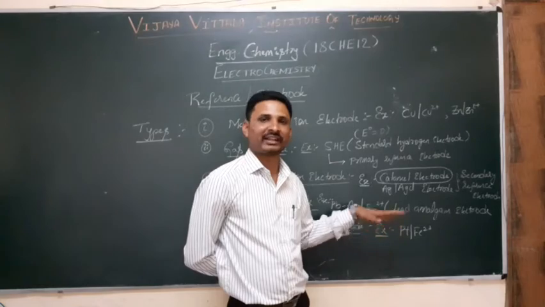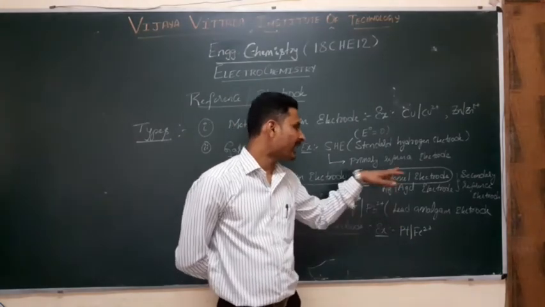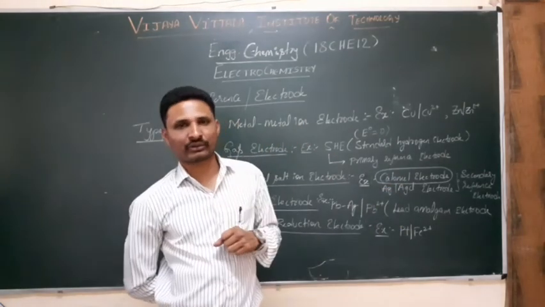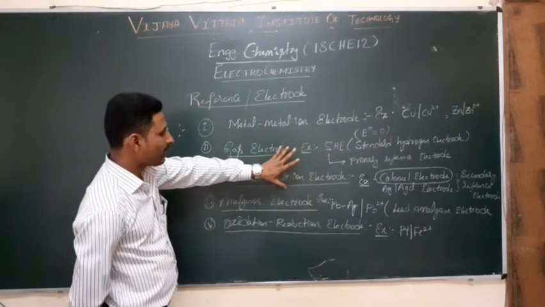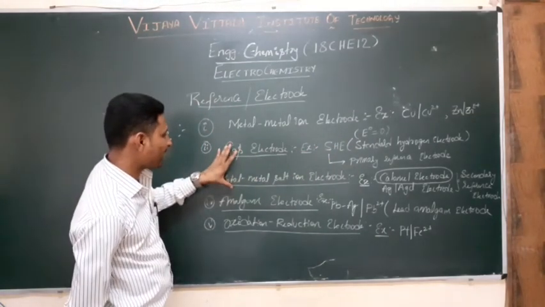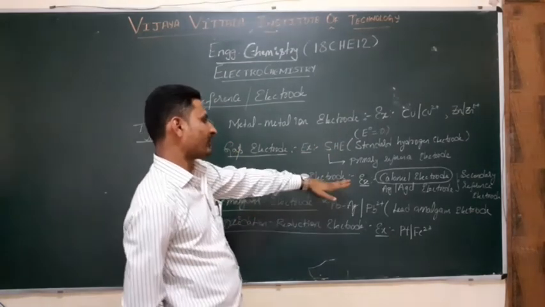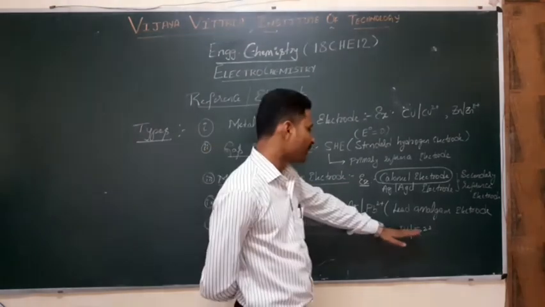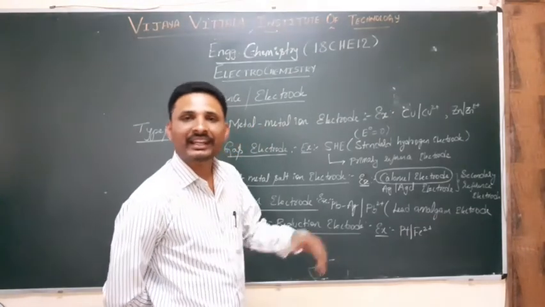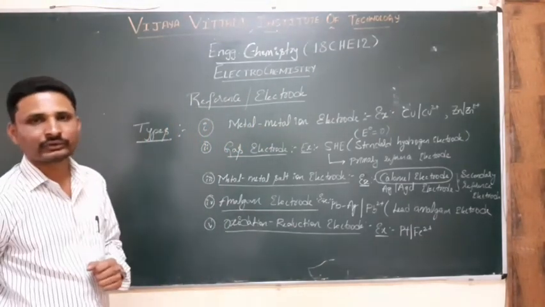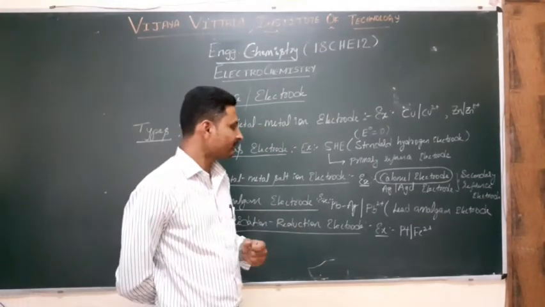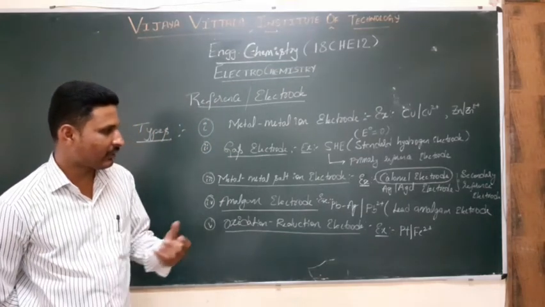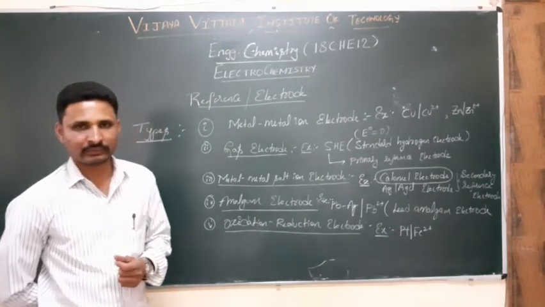In that experiment we use the calomel electrode as the reference electrode. So these two are reference electrodes, the gas electrode and the metal salt ion electrode. And the oxidation reduction electrode acts as an indicator electrode, which indicates the end point or equivalence point.